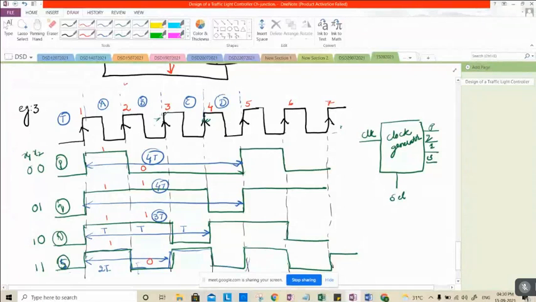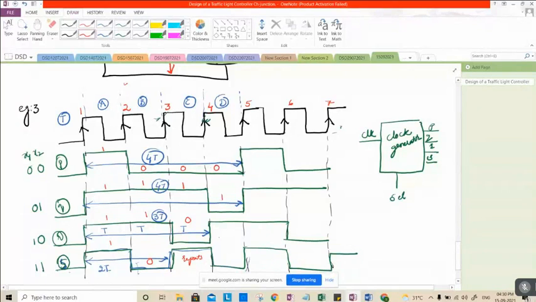Then after the second and third positive edge, this must be 0, this must be 1, this must be 0, and this gets repeated. We need not worry about this repetition. S gets repeated. Then after the fourth positive edge, this is 0, this is 1.